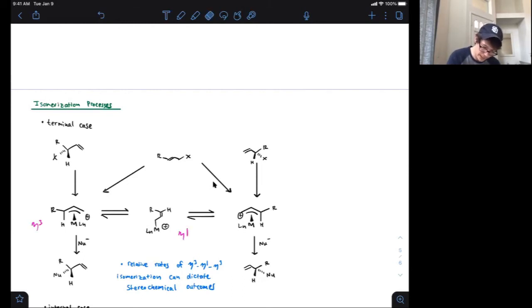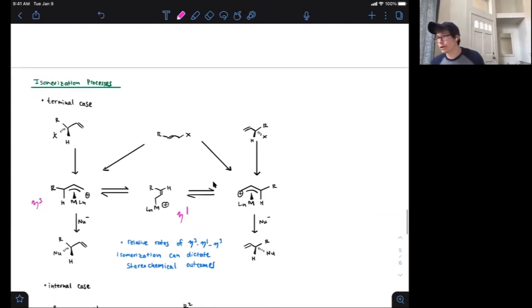The stereochemical information contained in the eta-3 form is lost. And then when the eta-3 form is reformed, now either enantiomer could potentially be formed.